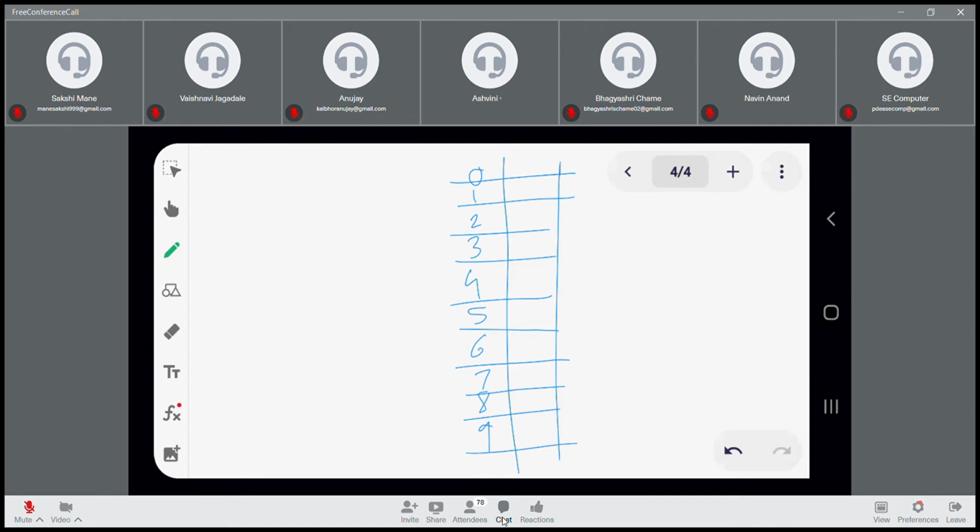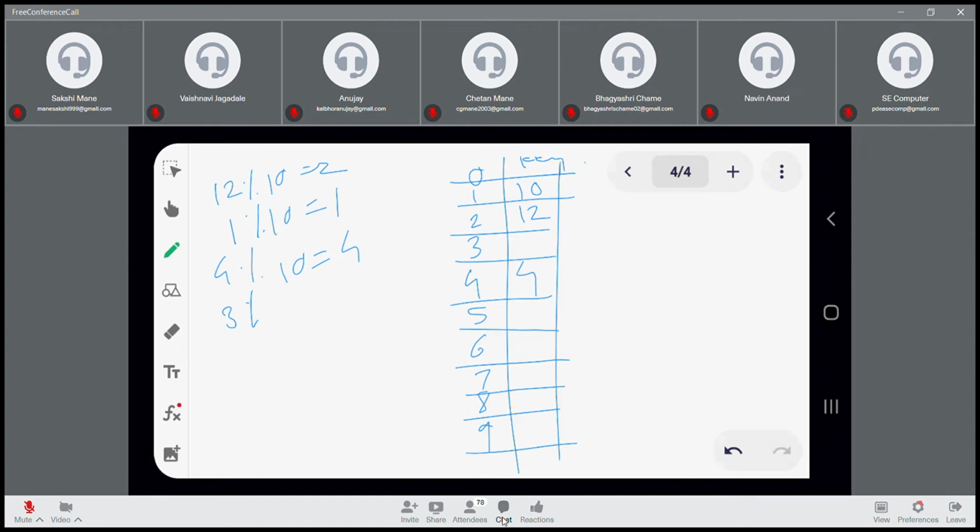So these are the indexes, and here you need to place your key. Let's take each and every number one by one and apply the hash function. So 12 mod 10 is 2. Place 12 at position 2. Then 1 mod 10 is equal to 1. So 1 is at position 1. Then next is 4. 4 mod 10 is 4. So place it at position 4.